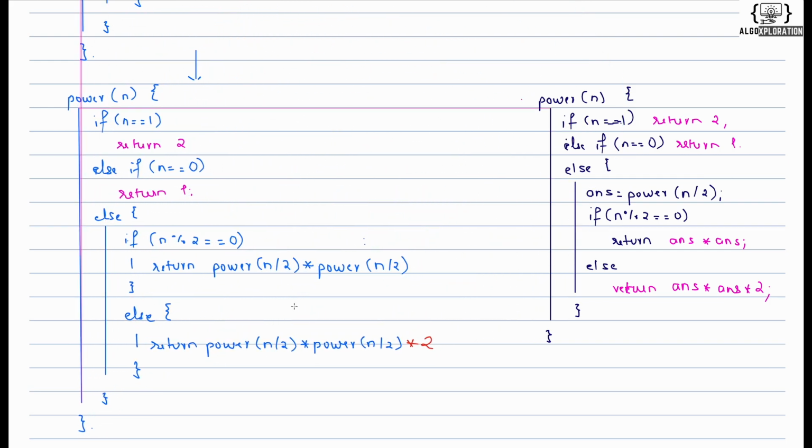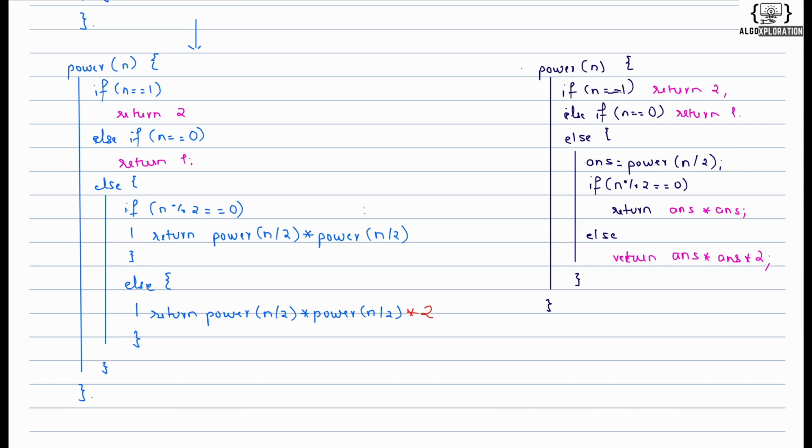You can see the difference. Here we are finding the power of n by 2 two times, but here we are finding it just one time. So this is a little bit of optimization. If you talk about the time complexity, this approach is taking order of log n base 2, and this is taking order of n.